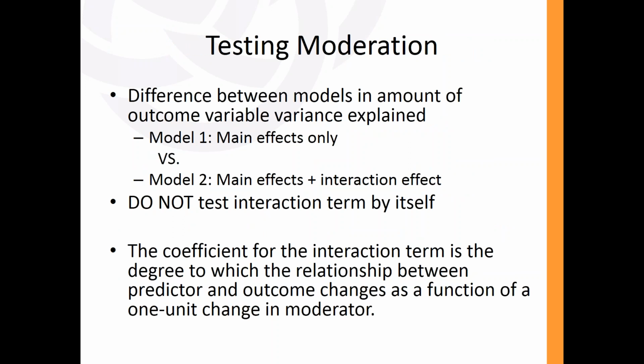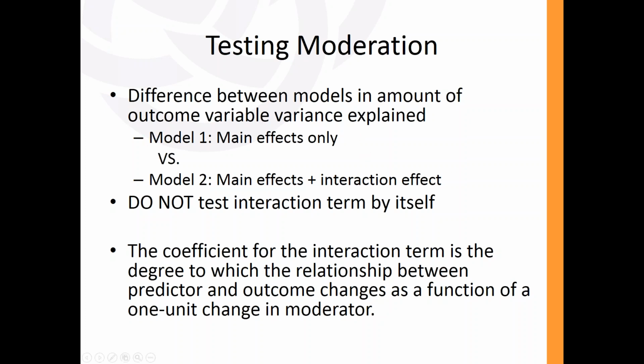Okay. So in terms of testing moderation, what we're looking for is the difference between two models in terms of the amount of variance that they explain in the outcome variable. You have one model with main effects only.